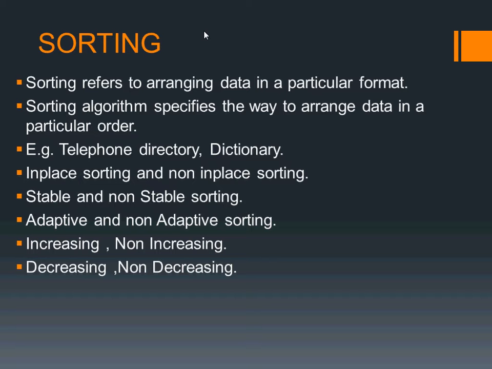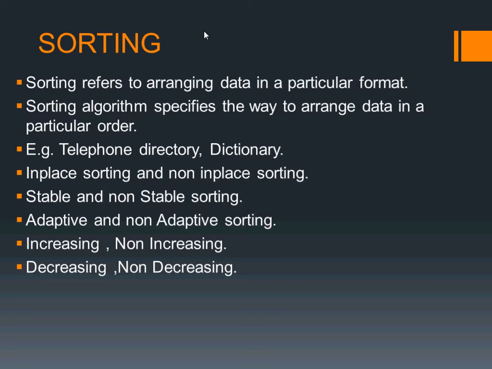This is what is called stable. Non-stable means for the 3 3, maybe the fourth place three will be placed in third, and the third place three will be placed fourth. That's not an issue. The place is not important. Only whether the elements are sorted or not is the main concern.